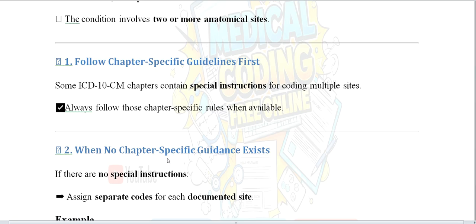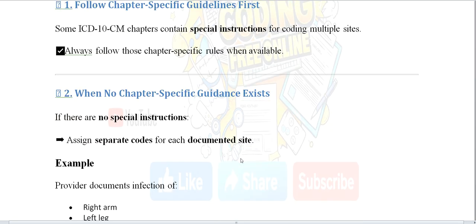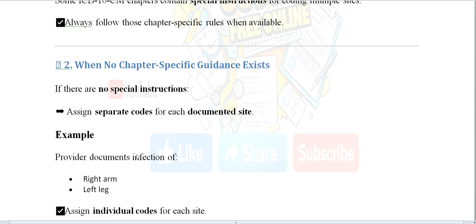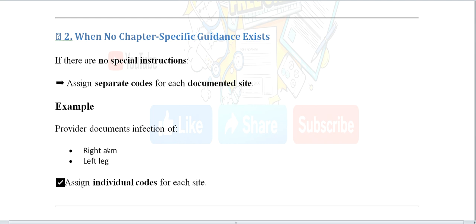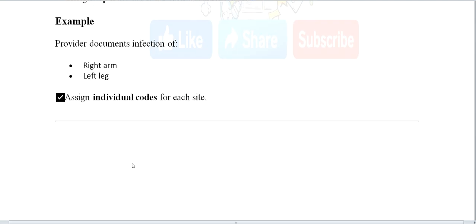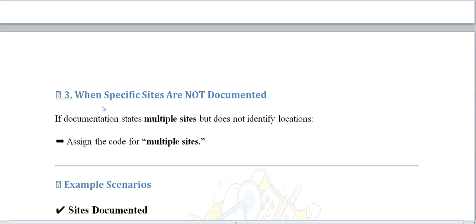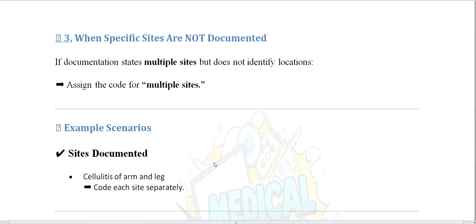When no chapter-specific guidance exists, if there is no special instruction, assign a separate code for each documented site. Example: documented infection of right arm and left leg. Assign individual codes for each site. When specific sites are not documented, the documentation states multiple sites but does not identify the location, so assign the code for multiple sites.